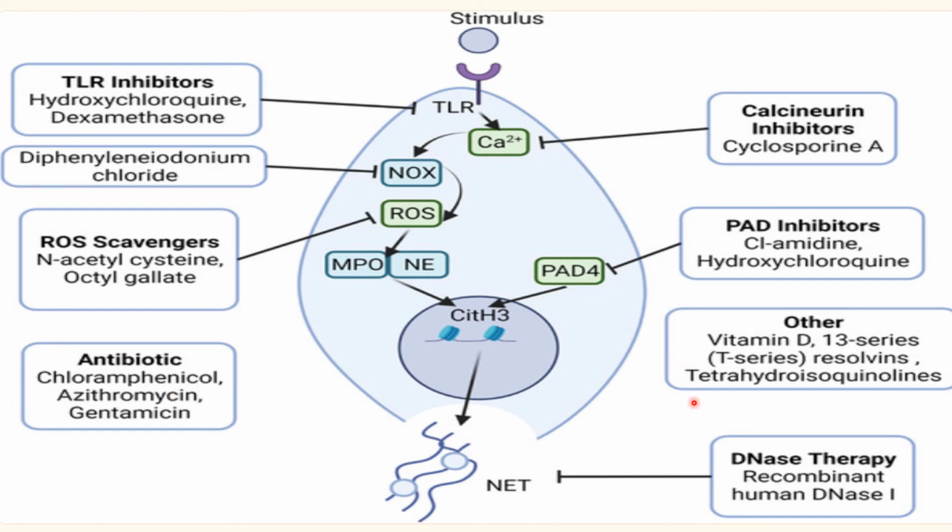We have also other medicines or other items that work in other ways, like vitamin D, 13-series resolvins, and tetrahydroisoquinolones. And we have also one important item, which is recombinant human DNase, which will destruct the NET itself and remove it.